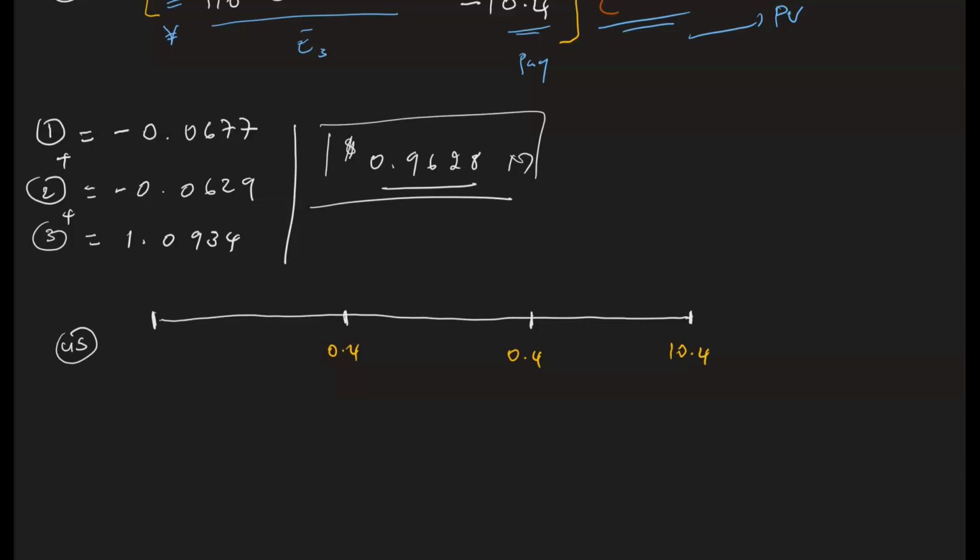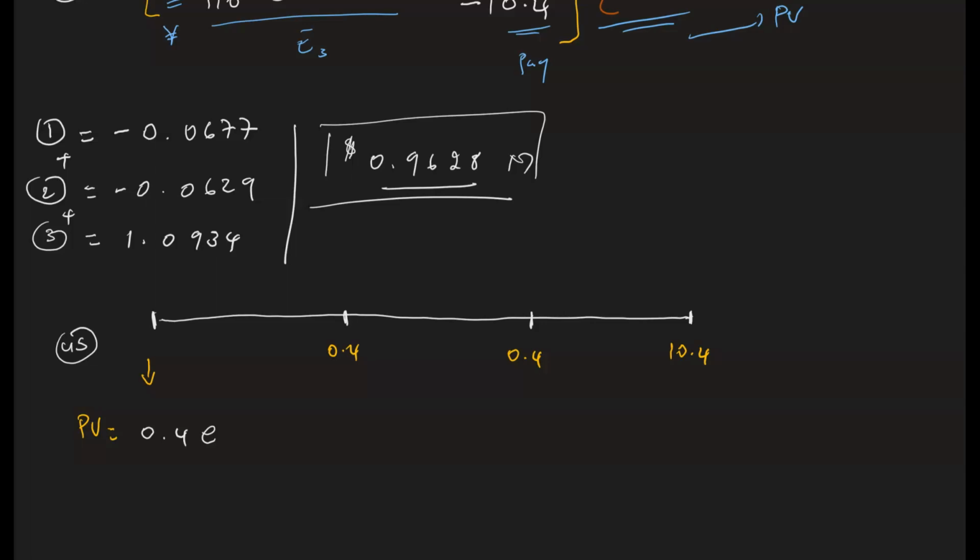That's in US dollars. To find the price of this bond today, what we need to do is to find the present value of these cash flows. And so the present value is going to be equal to this: 0.4 that is discounted at, because that's the US dollars, 2.5%.